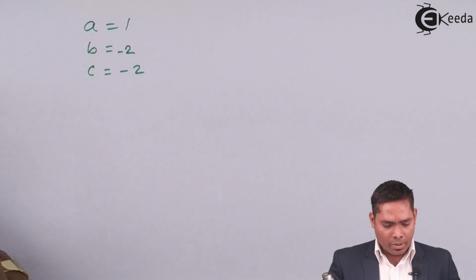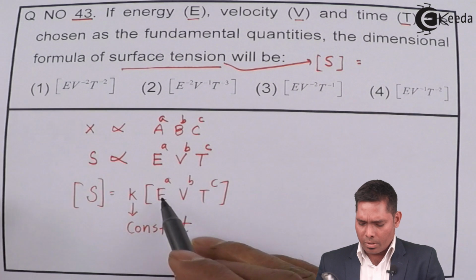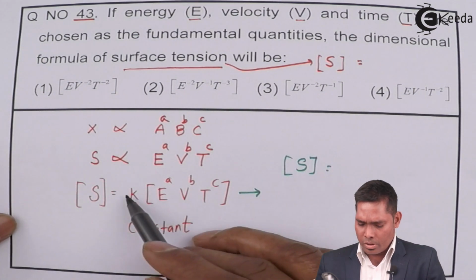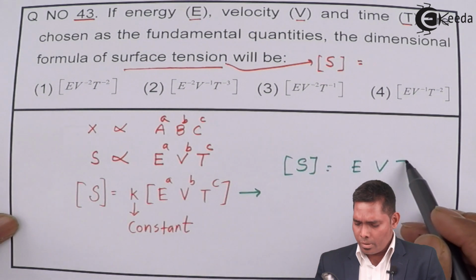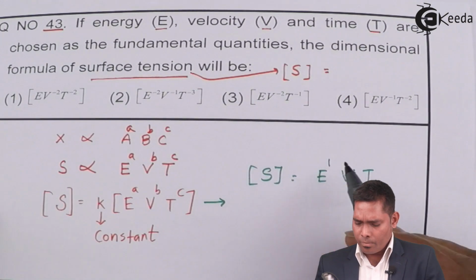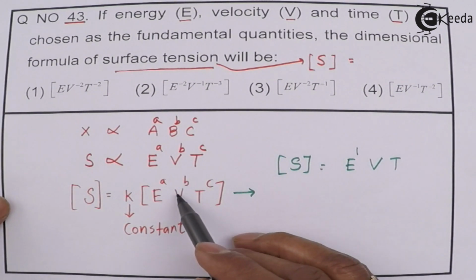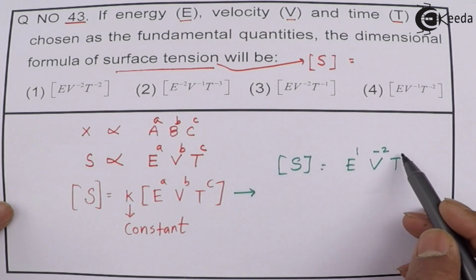So our original equation was this one. S dimension is equal to, this is dimensionless, so you only have to put the powers of a, b, c. A I got as 1, I'll put 1 here. B is minus 2, so the power of b is minus 2, I'll put minus 2 here, and also this is minus 2.